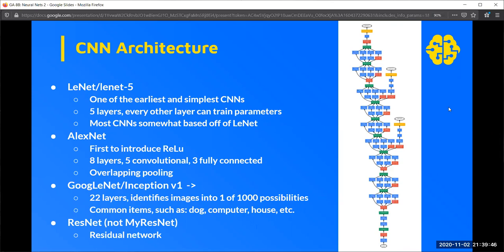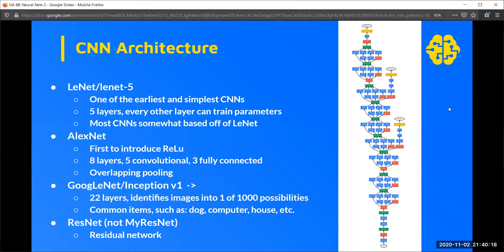But yeah, AlexNet is a different way of arranging your convolutional neural network. The guy who made it is named Alex, so surprise. But it was the first to introduce ReLU. Before that, the convolutional neural networks were using a function that starts with a T, I'm tempted to say tanh or something.